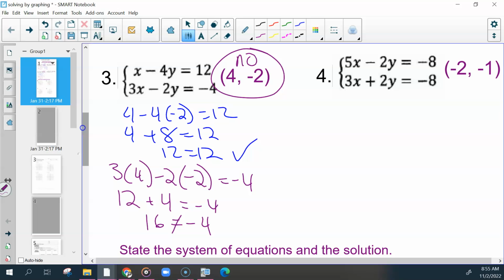What questions do we have on that process? Getting the answer.